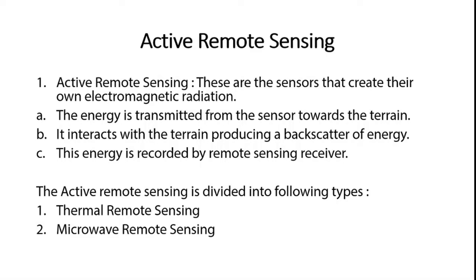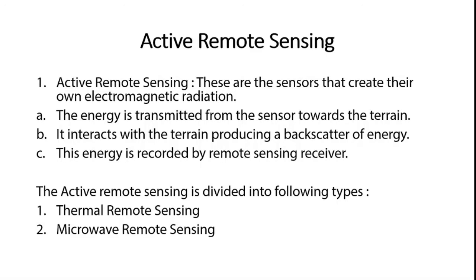As the energy goes to the object, to the phenomenon or the terrain, some energy is absorbed, some is reflected, some is refracted, and it is backscattered again in the second step. And the third step, this energy is recorded by the remote sensing receiver.